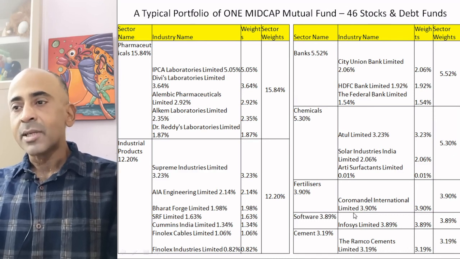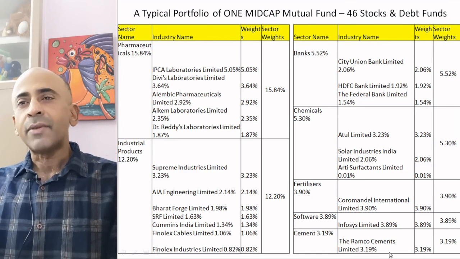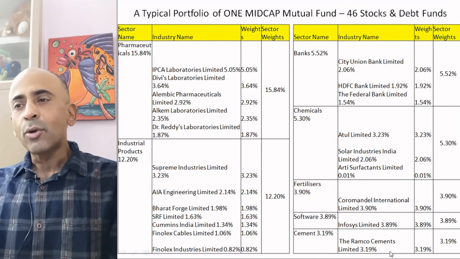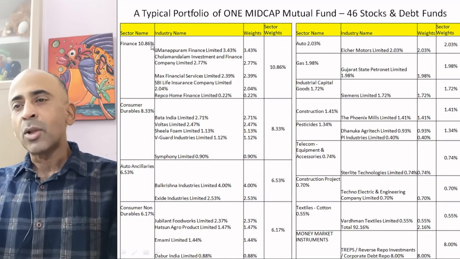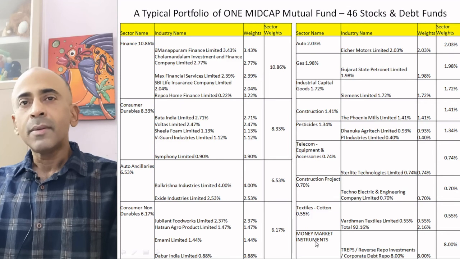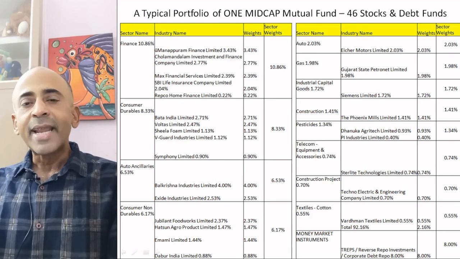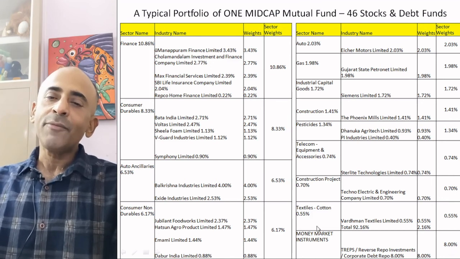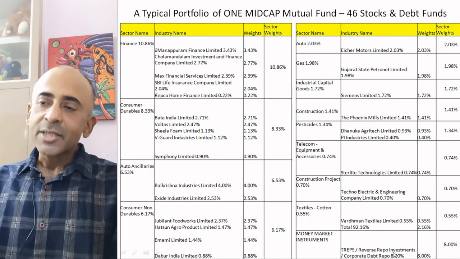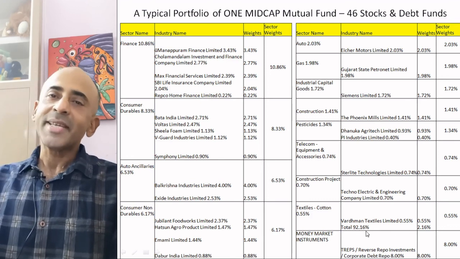Fertilizers, 3.9%. Software, 3.89%. Now look at the kind of diversification they have done. It's so minutely diversified. Small percentages have been allotted to every sector. Money market instruments are the risk-free asset, and they have invested 8% here. That means this portfolio comprises 8% risk-free asset, and the balance 92% is the risky asset.